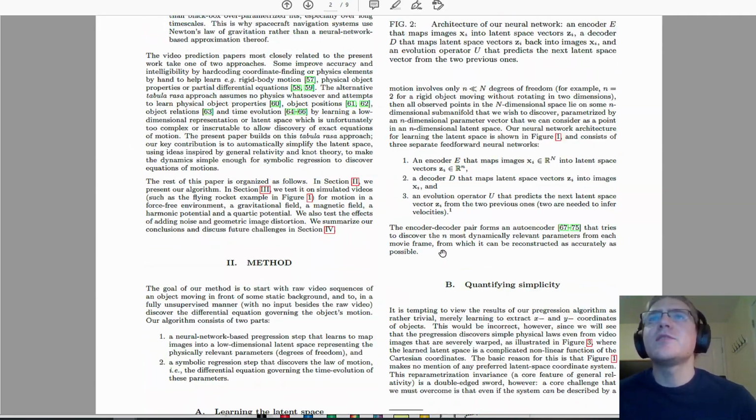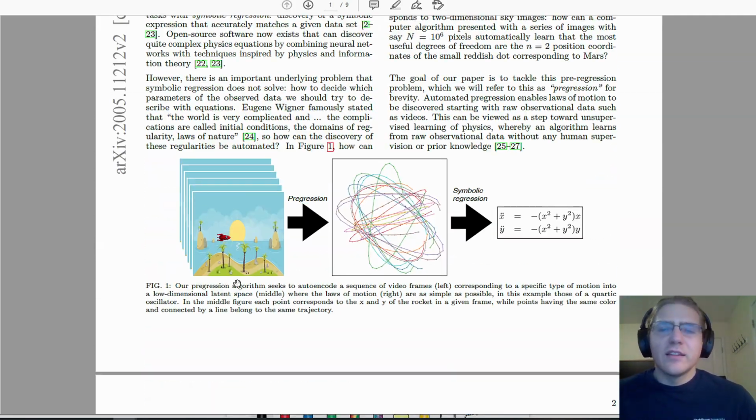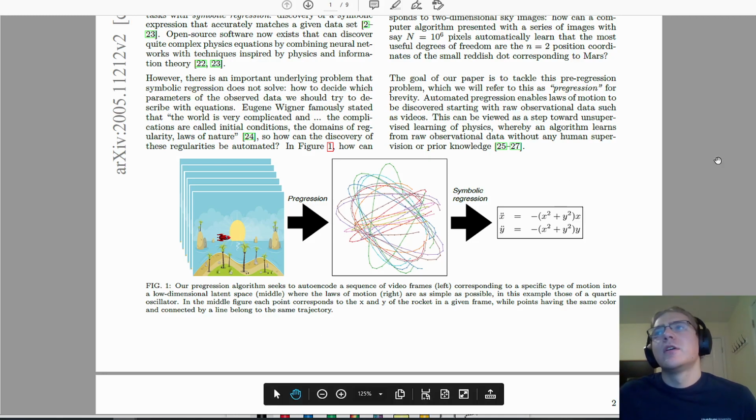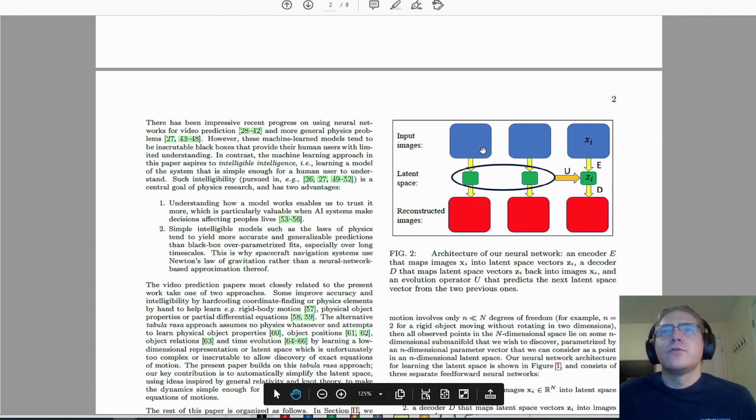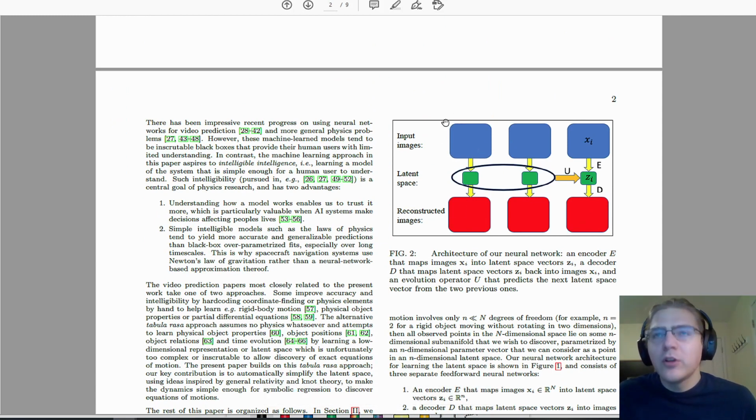Well, it's because these images or videos don't need to be videos. They can be anything. Any general high-dimensional data source run through a similar thing, run through this kind of autoencoder down to a low-dimensional latent space.